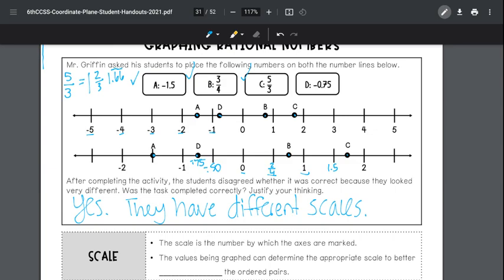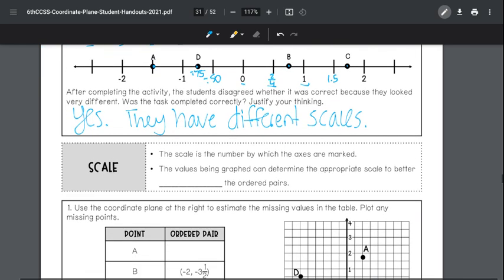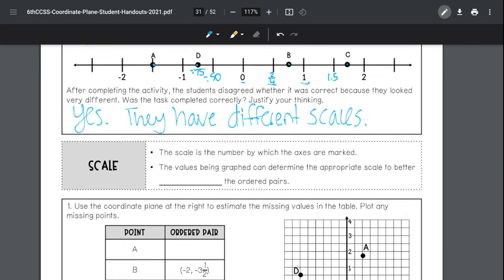Go ahead and pause for everyone to finish writing this down. All right, scale vocabulary. The scale is the number by which the axes are marked. The values being graphed can determine the appropriate scale to better represent the ordered pairs.